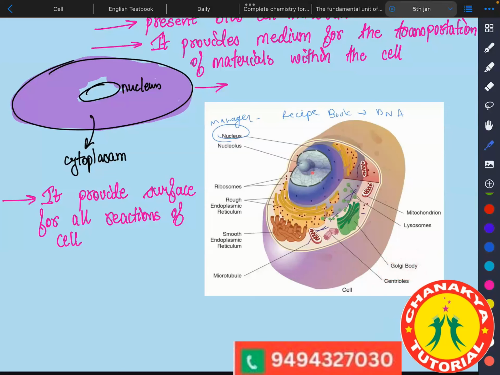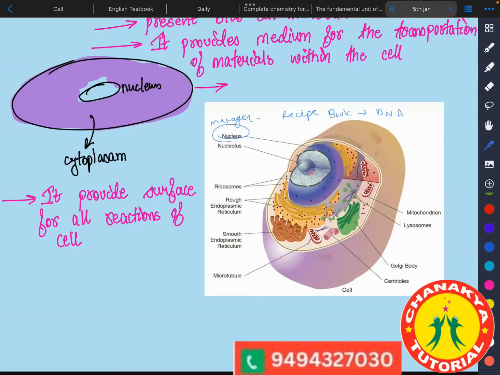Sir, Golgi bodies act as transporters, but cytoplasm already transports from one place to another, right? Cytoplasm is the medium through which these particles are transported. Correct. Like in our daily life, the air in our surroundings, basically the atmosphere, is a medium.